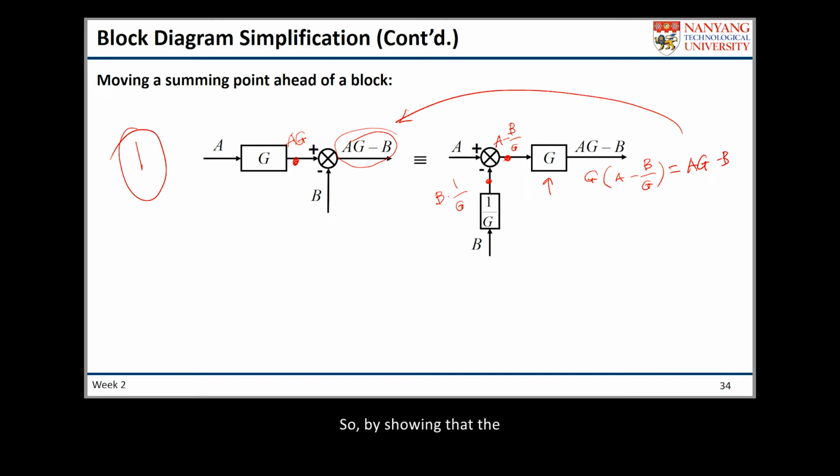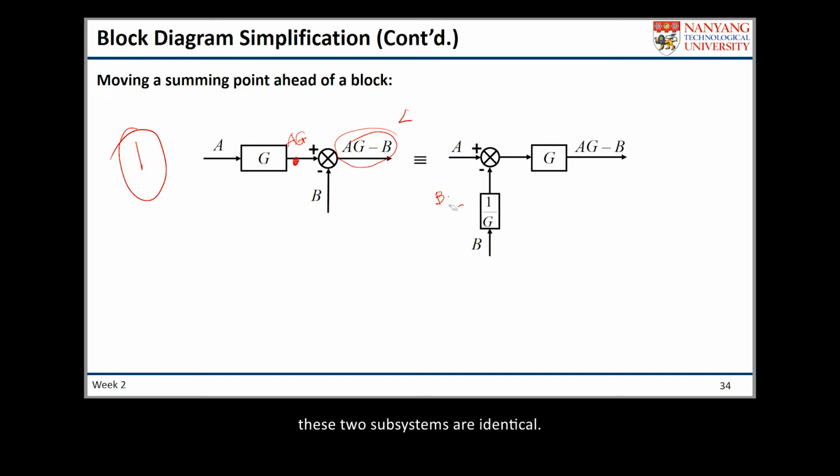So by showing that the two outputs are identical, you can show that these two subsystems are identical. Okay. So to illustrate it again, after the first summing point, the output will be A minus B times 1 over G, which is at this point.